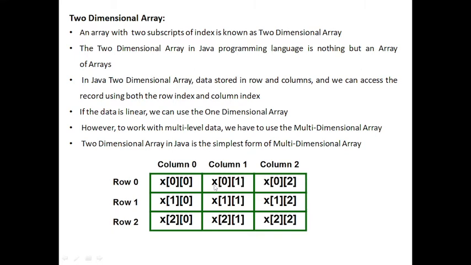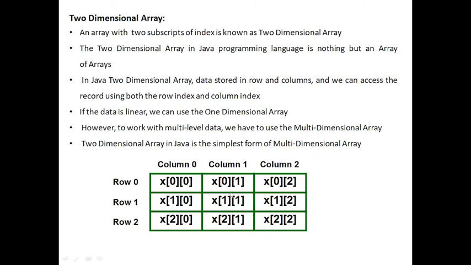So for this particular location, this is the name of the array. For this entire row, the index is 0, right? For this entire row, the index is 1. For this entire row, the index is 2. For this entire column, the index is 0, right?